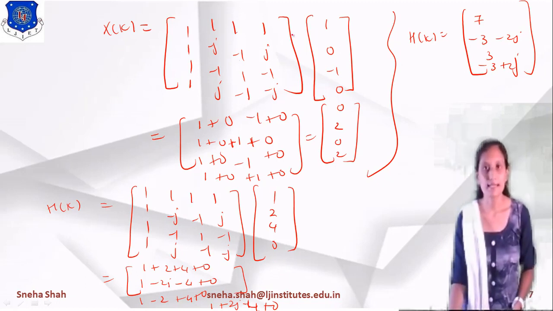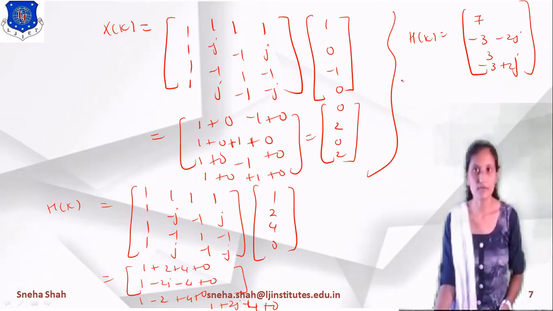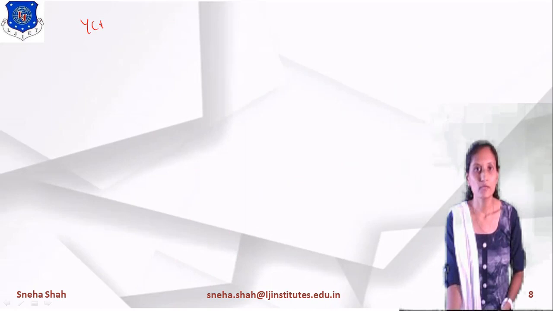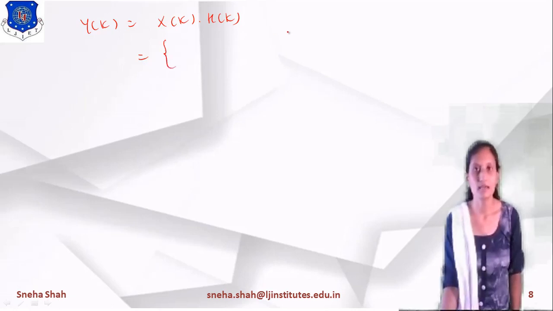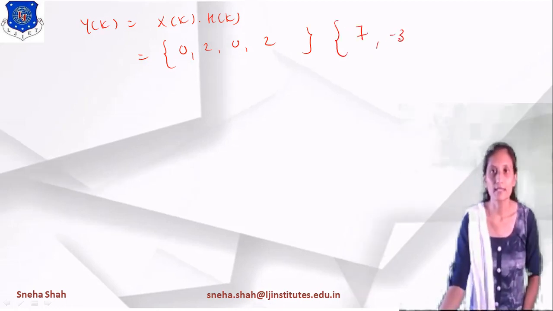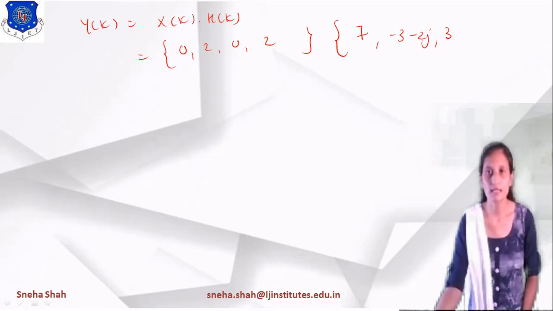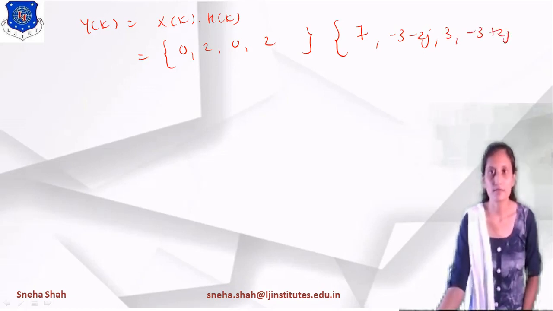Now I am multiplying this x of k with h of k. So what will be the value? The value will be y of k equals x of k into h of k. What is the value of x of k? 0, 2, 0, 2, right? And what is the value of h of k? The terms are 7, minus 3, minus 2j, 3, minus 3 plus 2j.